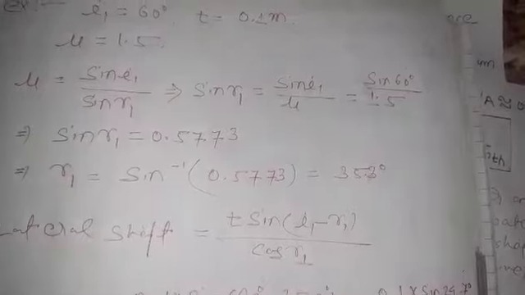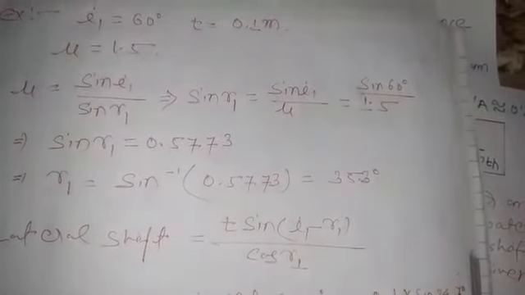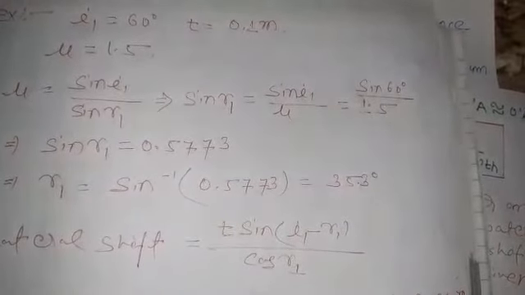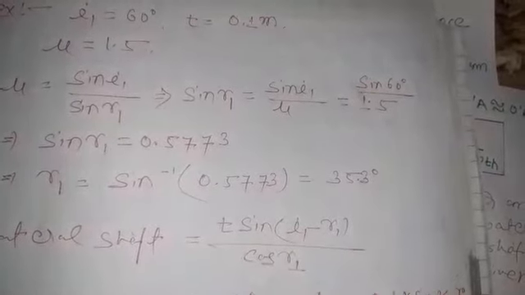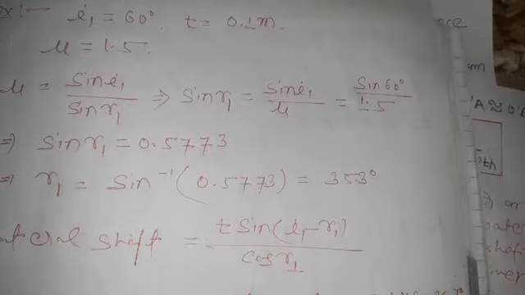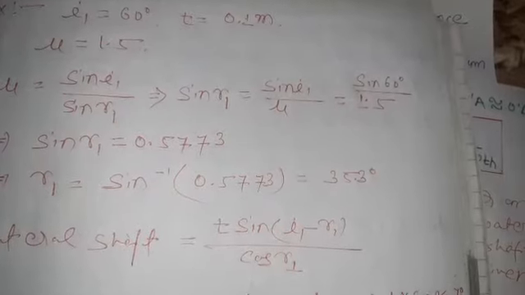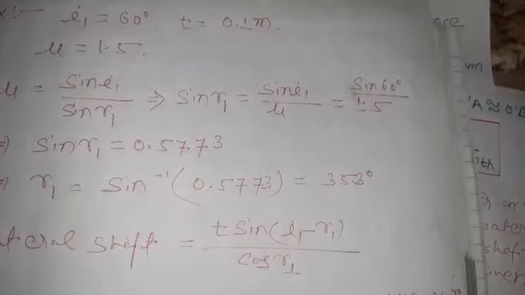This lateral shift can be considered with the help of one example. Suppose that a ray of light is incident at an angle of 60 degree on one face of a rectangular glass slab of thickness 0.1 m and refractive index of 1.5, and we have to calculate the lateral shift produced.